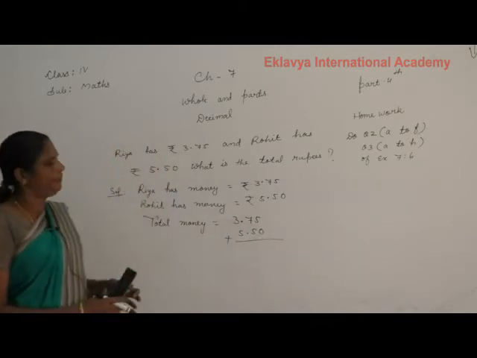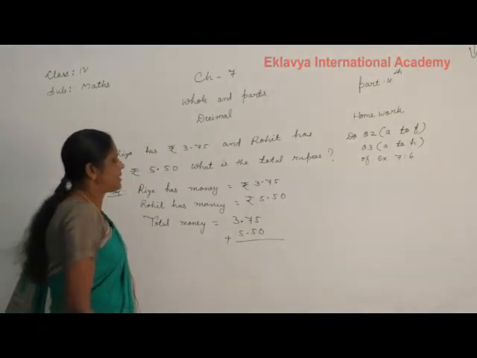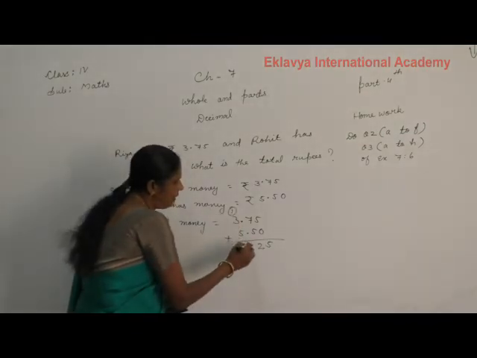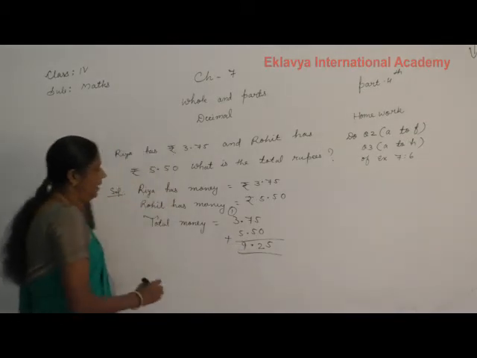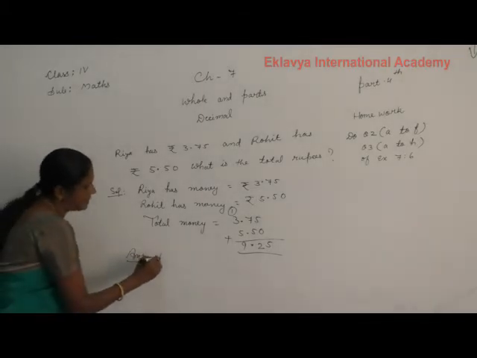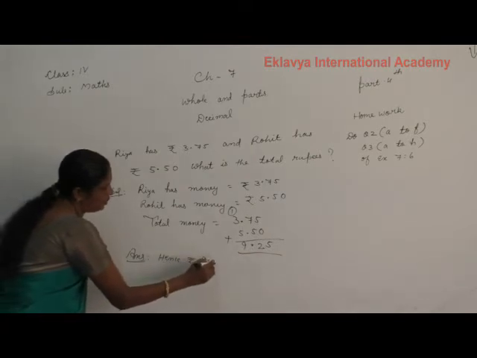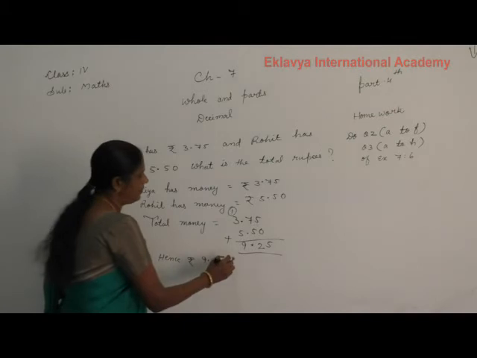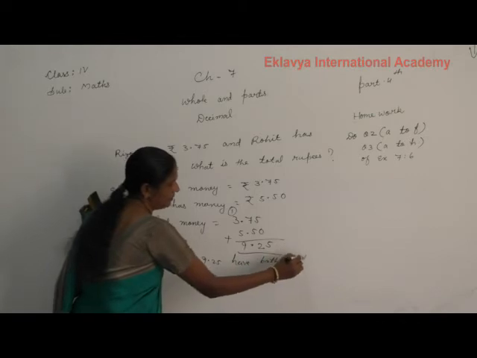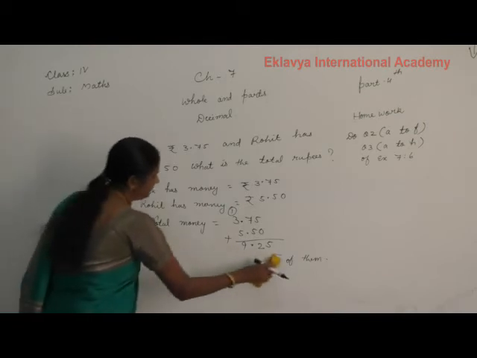Both are decimals. How many decimal places here? 2 decimal places. Then you add these numbers: 5, 2, then point here, then 9. Then the final answer: hence rupees 9.25 have both of them. Now one more question.